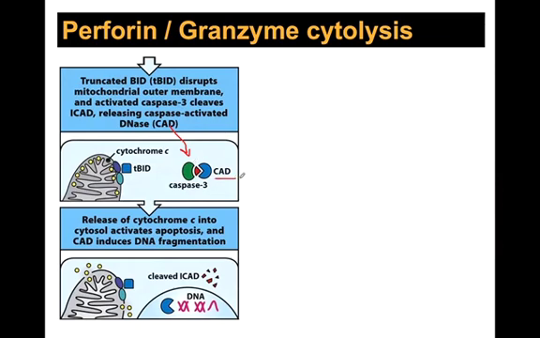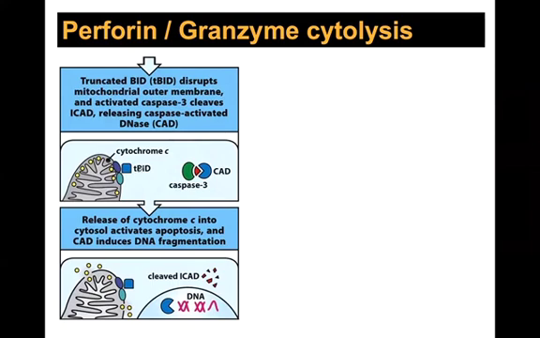ICAD is the inhibitory part of CAD, and releasing that means CAD can now go to the nucleus and start chewing up DNA. It's basically cutting in between histones. So that's a bad thing for that cell, right? It's DNA fragmentation, so you can't get transcription, and so it's shutting the cell down. The other thing that's happening is granzyme B is activating BID, and that's going to disrupt the mitochondria.